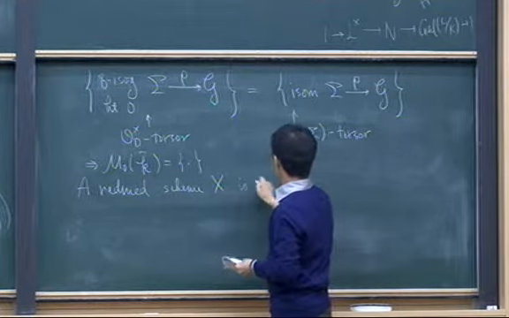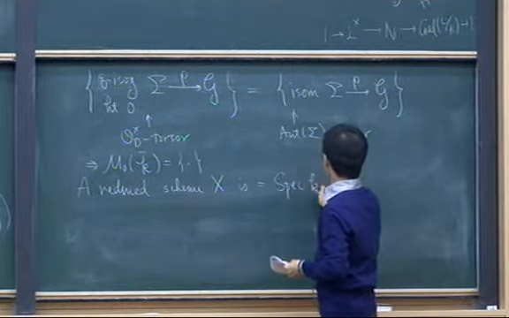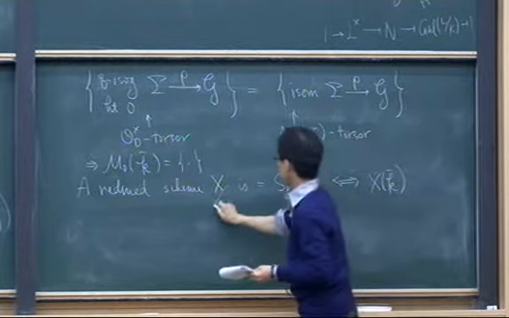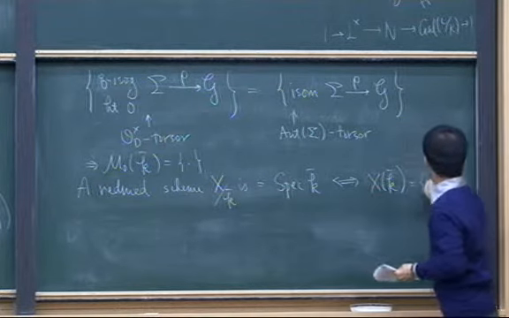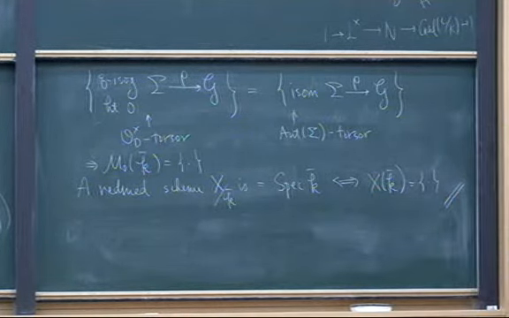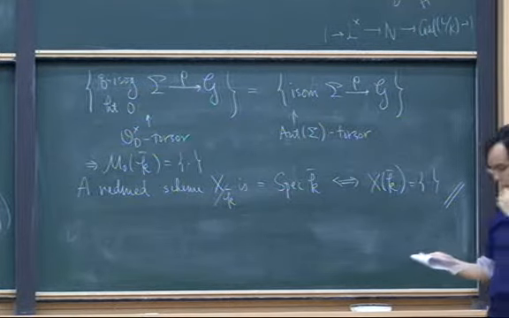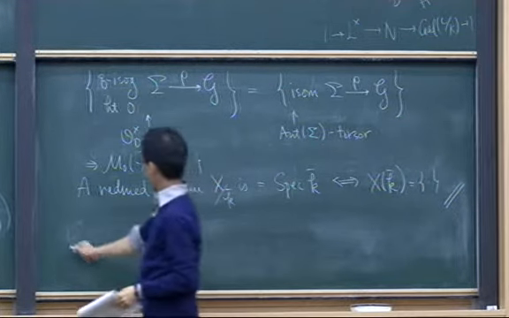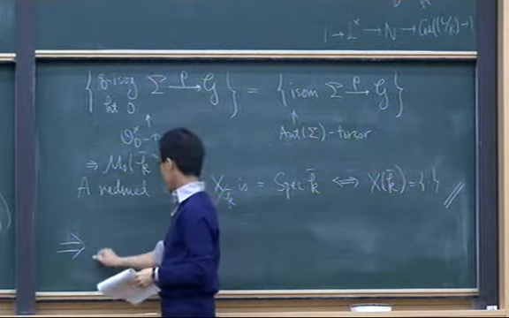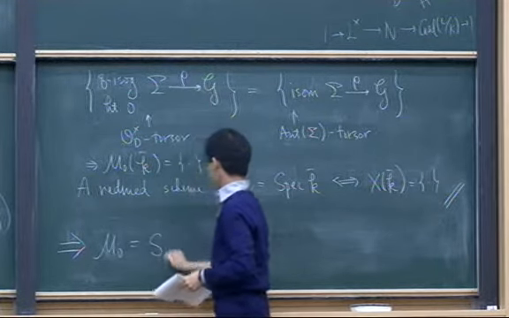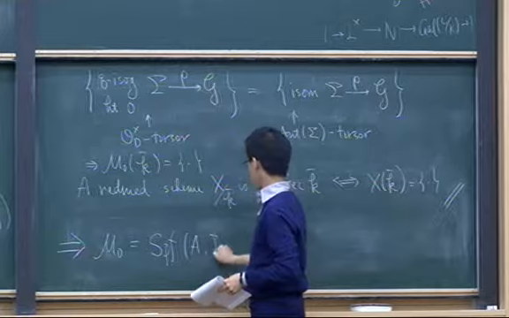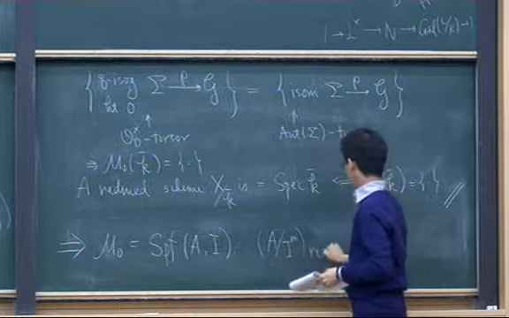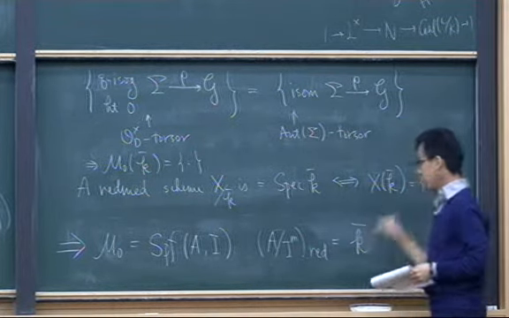A reduced scheme has to be Spec k bar if it has only one k bar rational point. So once we have this, M_0 is Spf of A, where A over I, M red, is k bar. Okay.